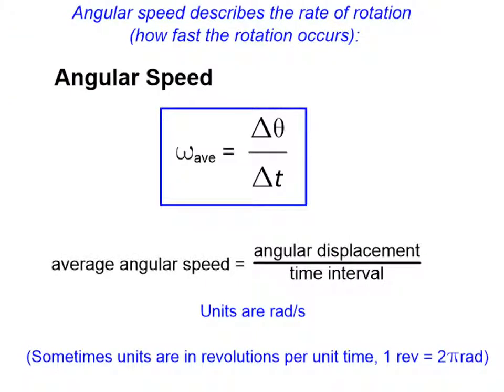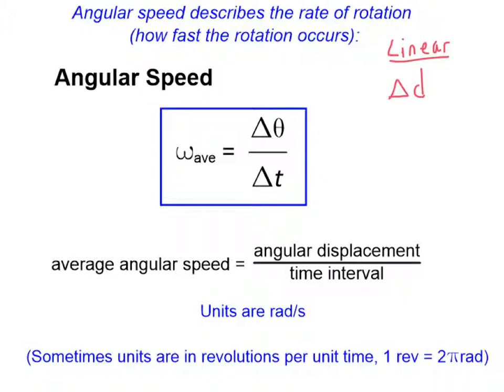Now let's take a look at angular speed. We needed to learn about angular displacement first because to talk about speed, we're going to look at the displacement per time. And that should ring a bell with you from our linear definitions.